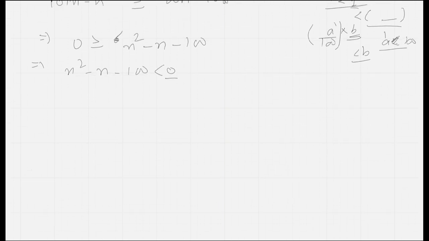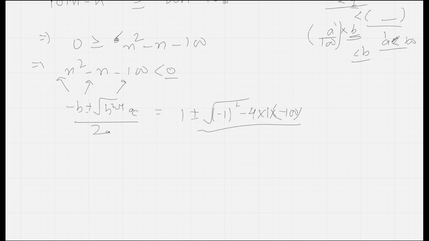It's a quadratic equation. We can use the formula minus b plus minus root over b square minus 4ac by 2a, where b is minus 1, a is 1, and c is minus 100. This is equal to 1 plus minus root over (minus 1) square minus 4 times 1 times minus 100, upon 2a, where a is 1.